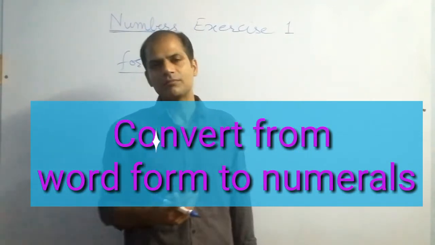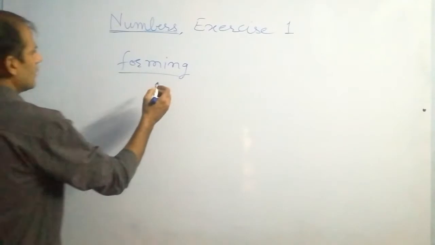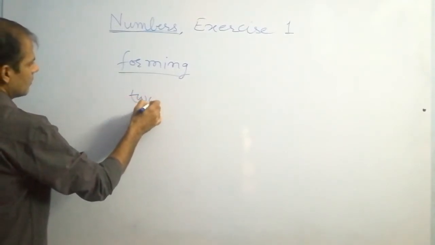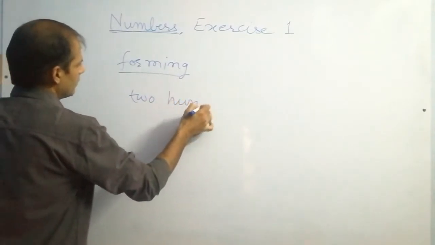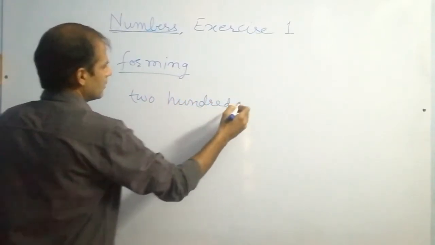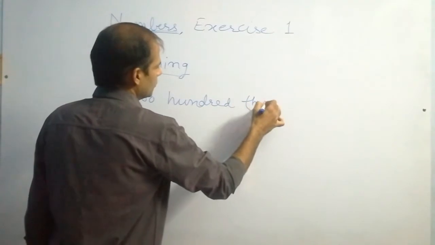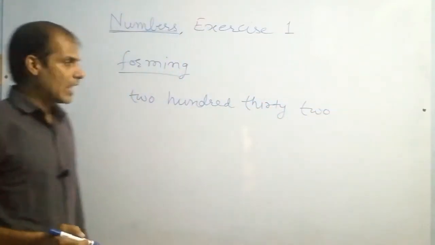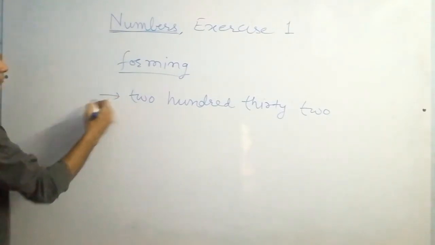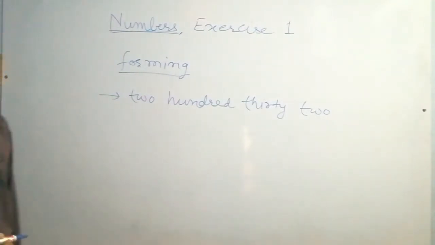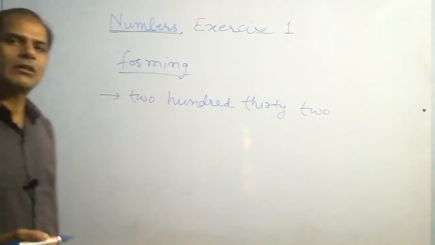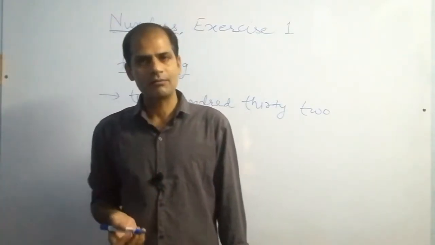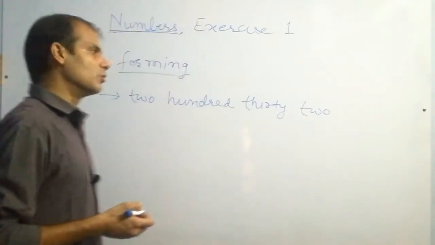Okay, means if I say a number is 232, then this form is called a word form, and when we convert this number by using some digits from 0 to 9, that number is called a numeral.